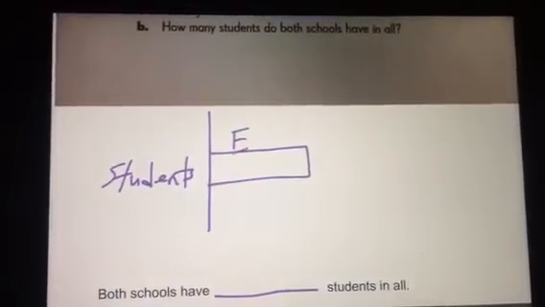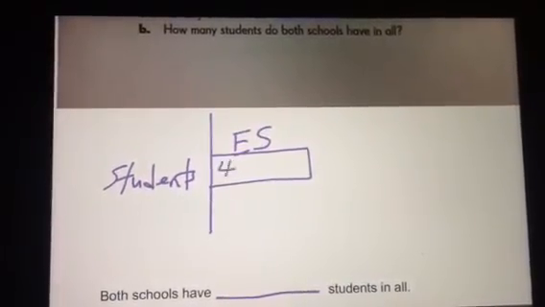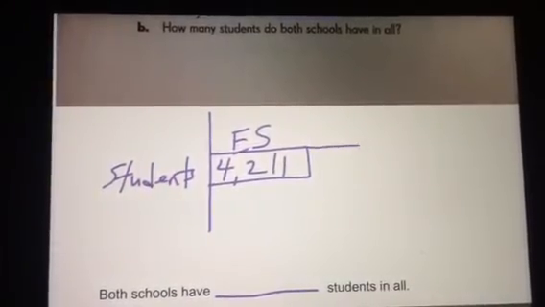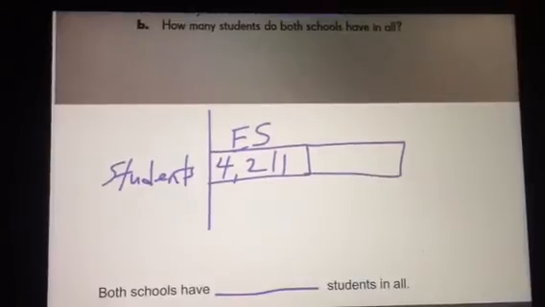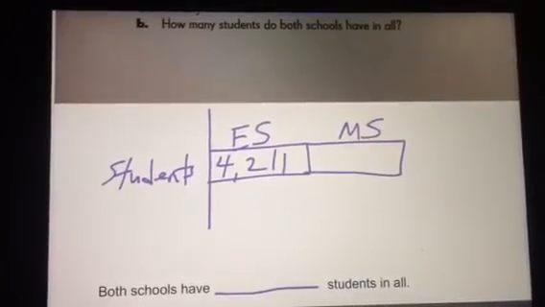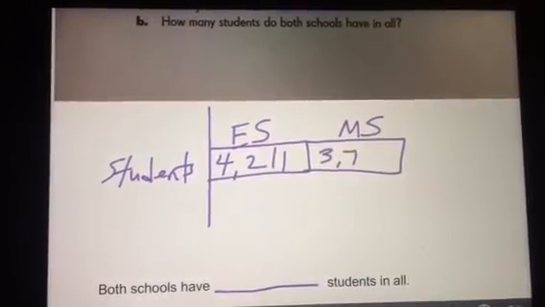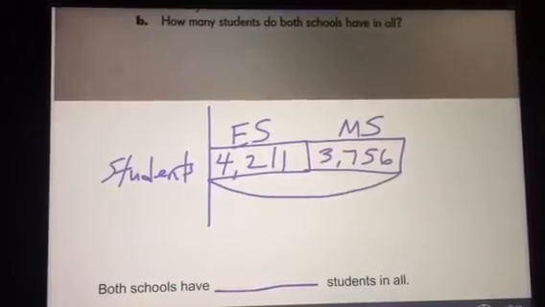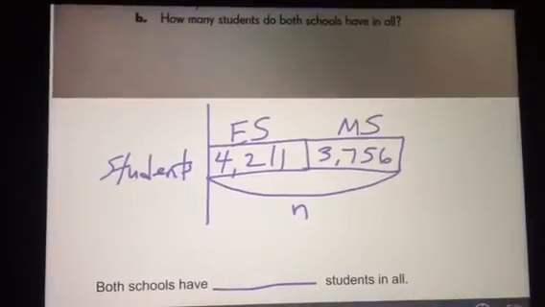So this is the number of elementary school students, which we now know is 4,211, and we're simply adding the other part, which is the middle school, 3,756, and the whole number is our unknown.